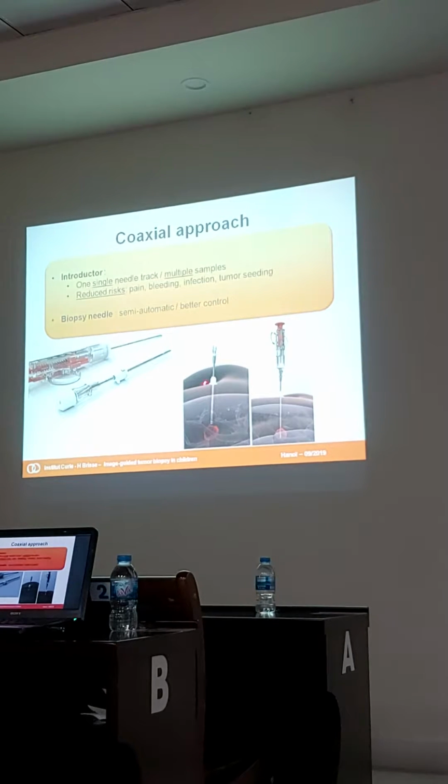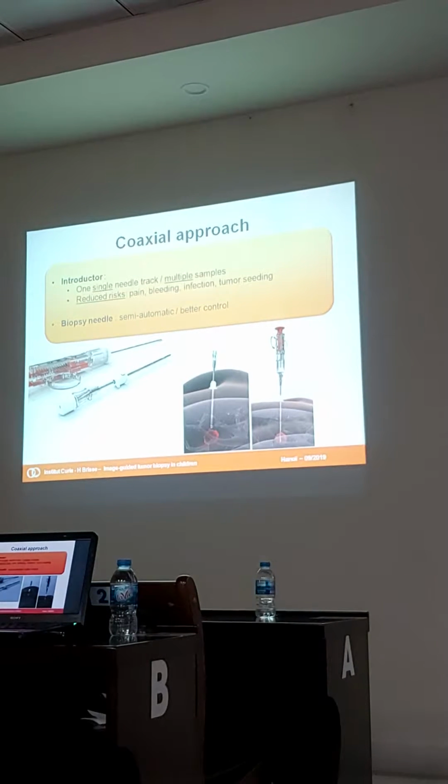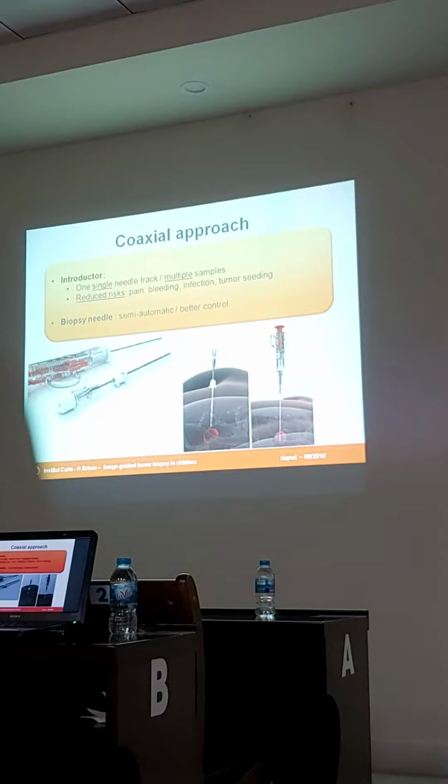Then within this needle, you can put the biopsy needle and go several times into the mass, and you cross the soft tissue only one time with the external one. So it reduces the risk of pain, bleeding, infection, and tumor seeding.